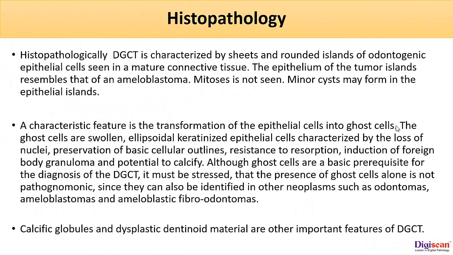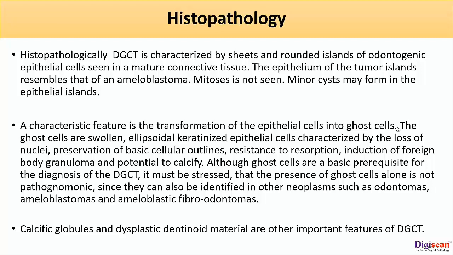Now we have discussed the histopathology of 3 cases of dentinogenic ghost cell tumor. But according to the literature, this tumor is characterized by sheets and rounded islands of odontogenic epithelial cells seen in a mature connective tissue. The epithelium of the tumor islands resembles that of an ameloblastoma. Mitosis is not seen.